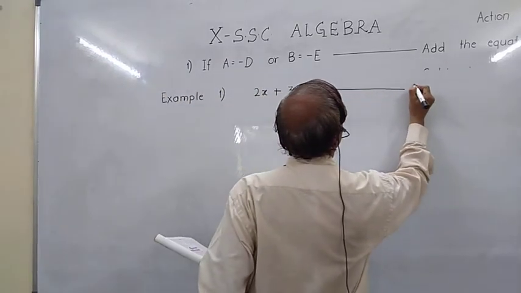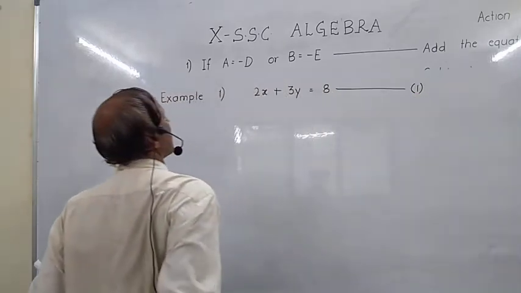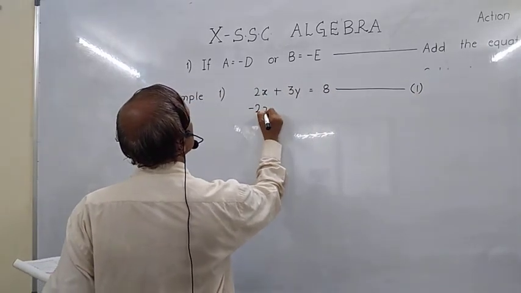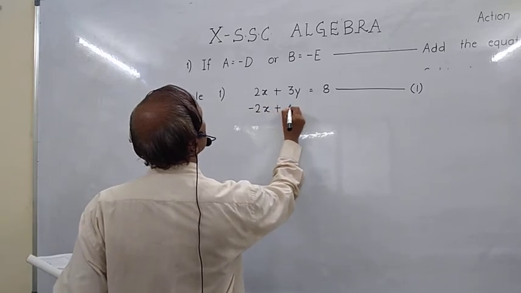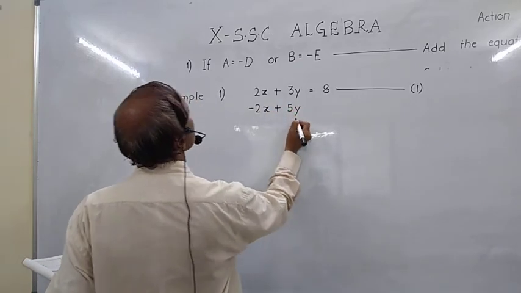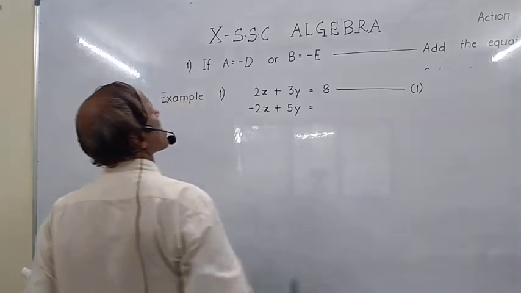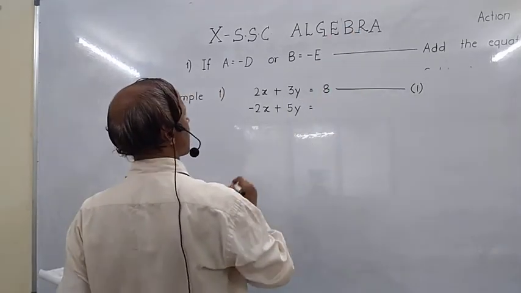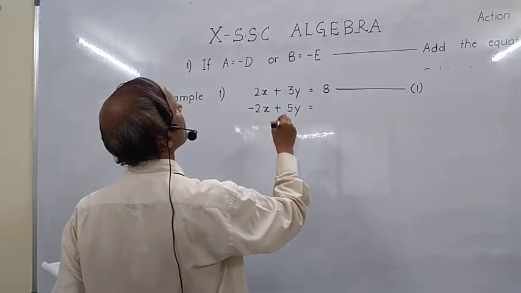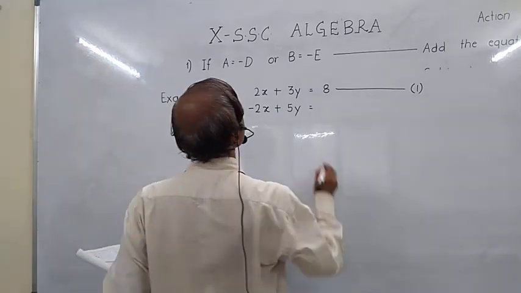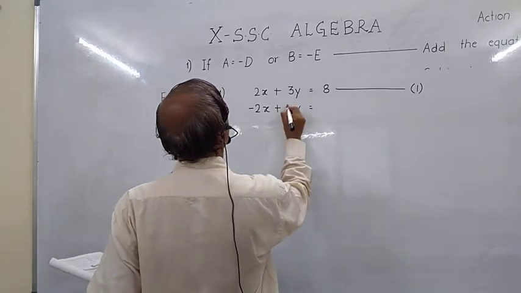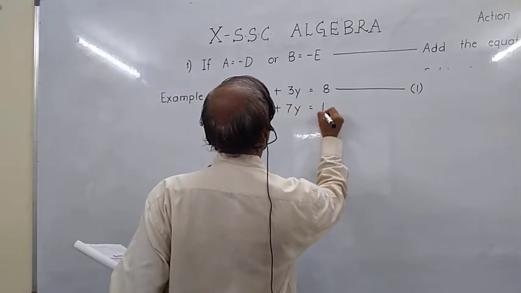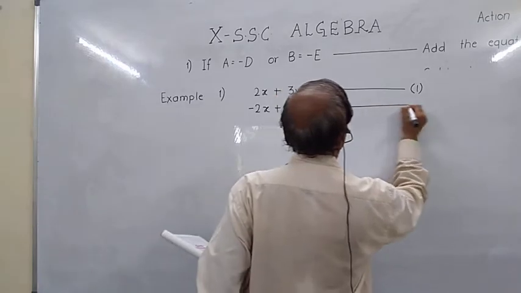This will be your equation number 1. Then minus 2x plus 5y, let us take 7y, is equal to 12. This is your equation 2.